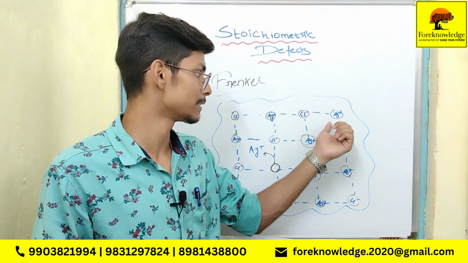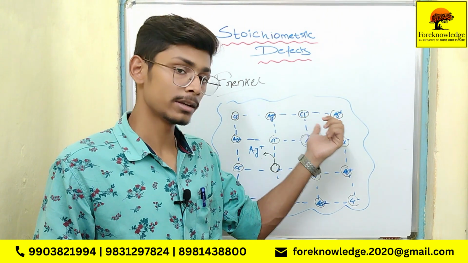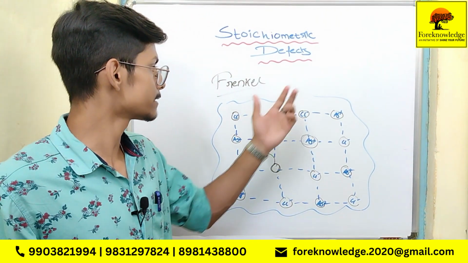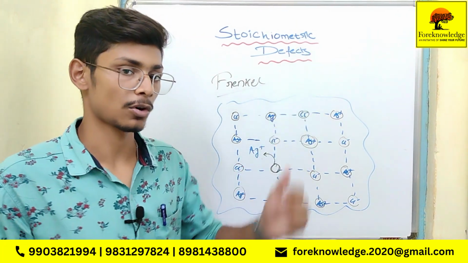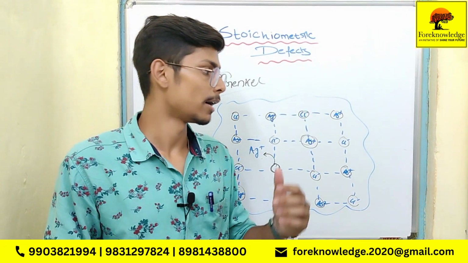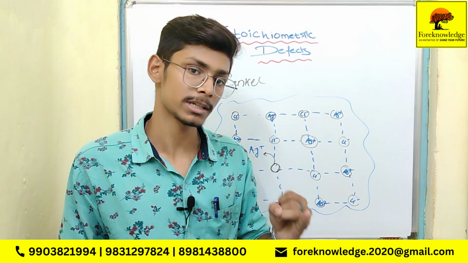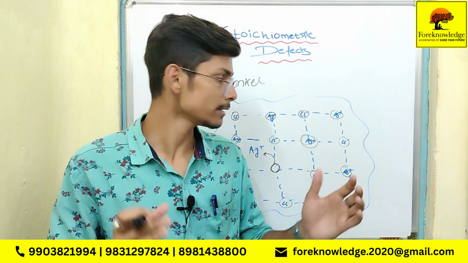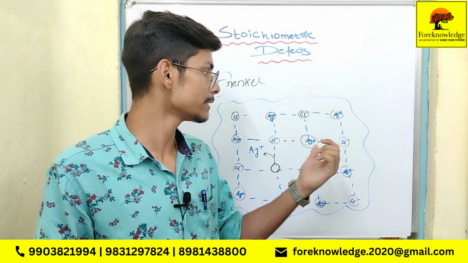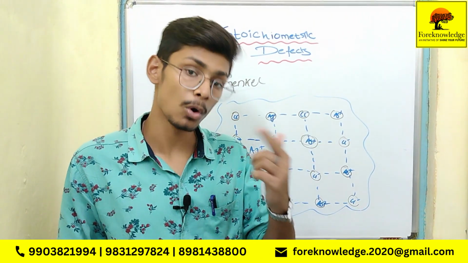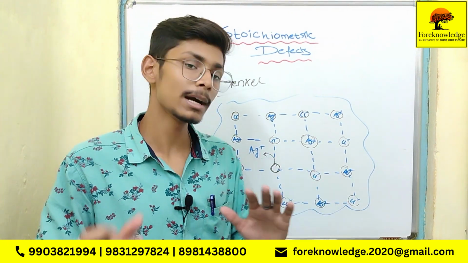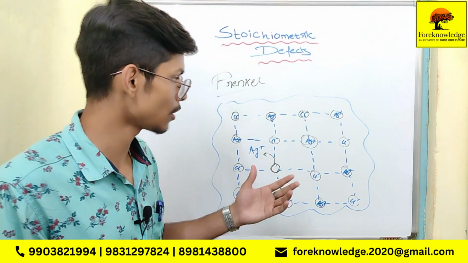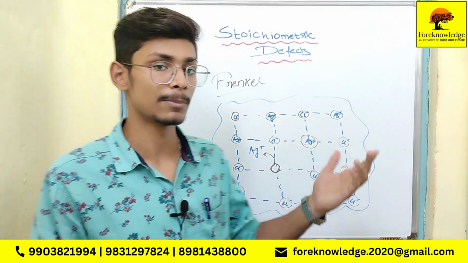Here you can see silver and chlorine, they have a big difference in their size. So basically it is the opposite of Schottky defect. Schottky defect occurs in crystals which possess a high coordination number and very little size difference between cation and anion. And for Frenkel defect, the crystal must possess a low coordination number and there should be a larger difference between the cation and anion. Okay, and it is basically observed in the elements of d-block and f-block.